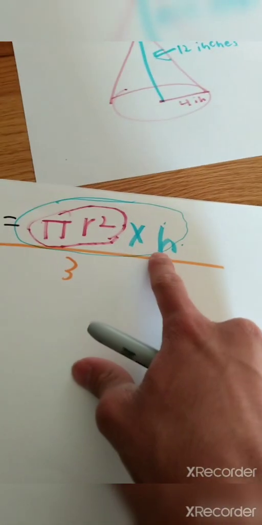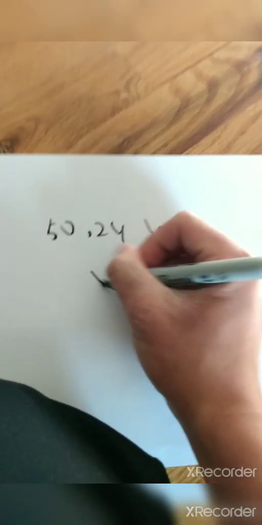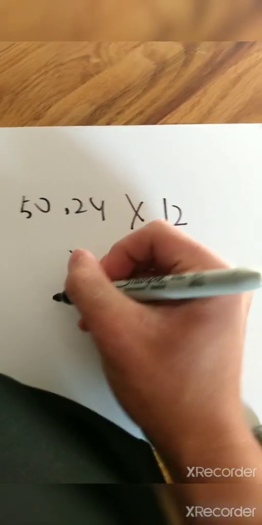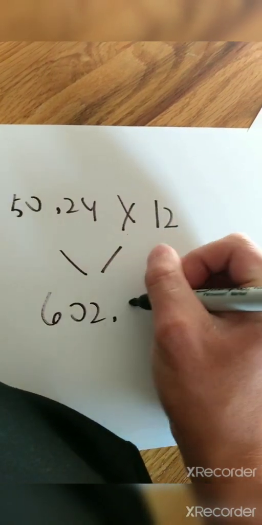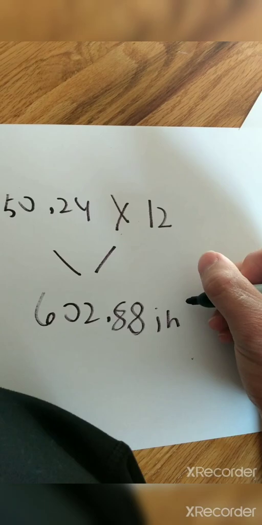The next step is to multiply by the height to get a cylinder. So 50.24 multiplied by 12, which is the height of this cone, gives us 602.88 inches cubed.